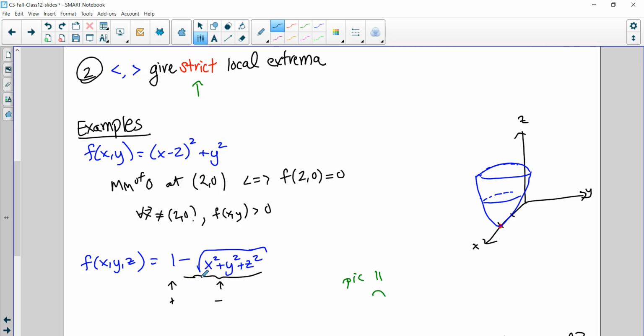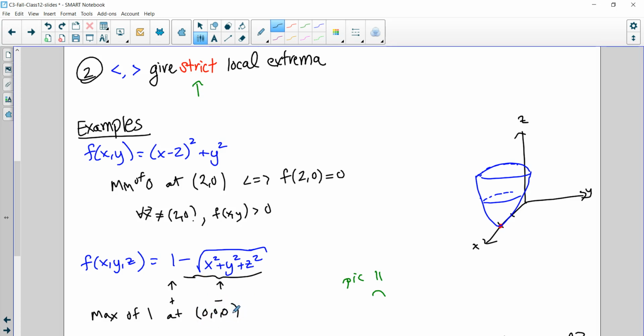Okay, so then this is going to mean that I'm going to have a maximum of 1, I should say. Prepositions matter. Okay, maximum of 1 at, and then the maximum is going to occur precisely when all those are 0.